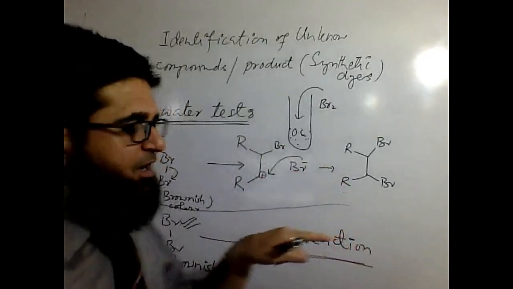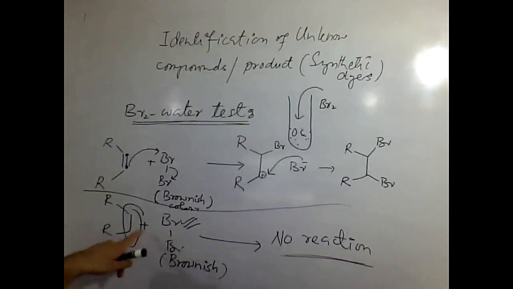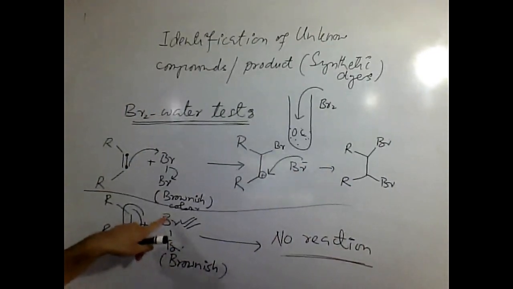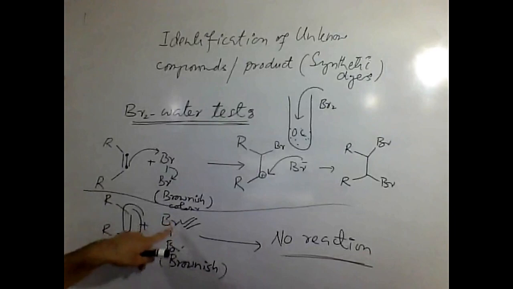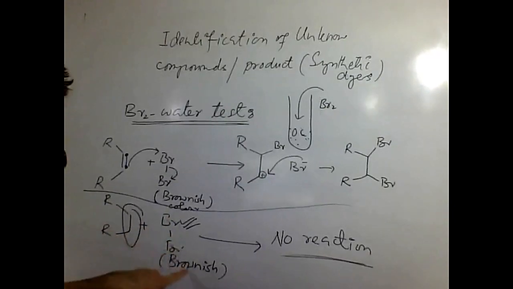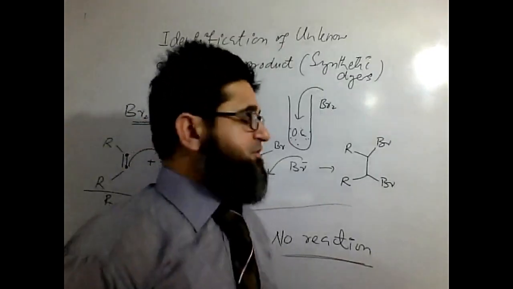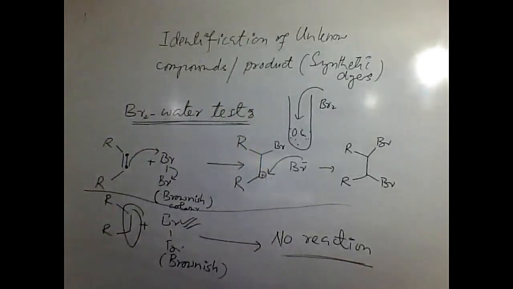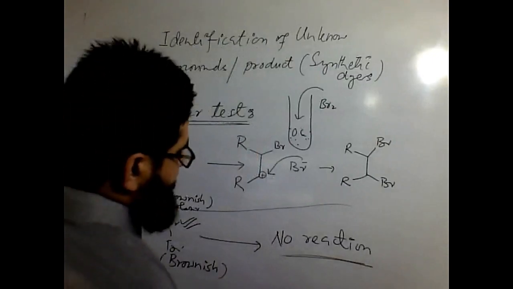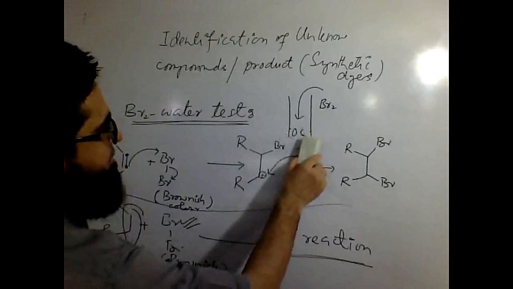On the other hand, if the molecule carries single bonds, there won't be any reaction between the two. As the bond between the Br atoms remains present, with no breakage, its color will not disappear. Its color will persist in the tube, which suggests there is no reaction, meaning the unknown starting compound carries single bonds.